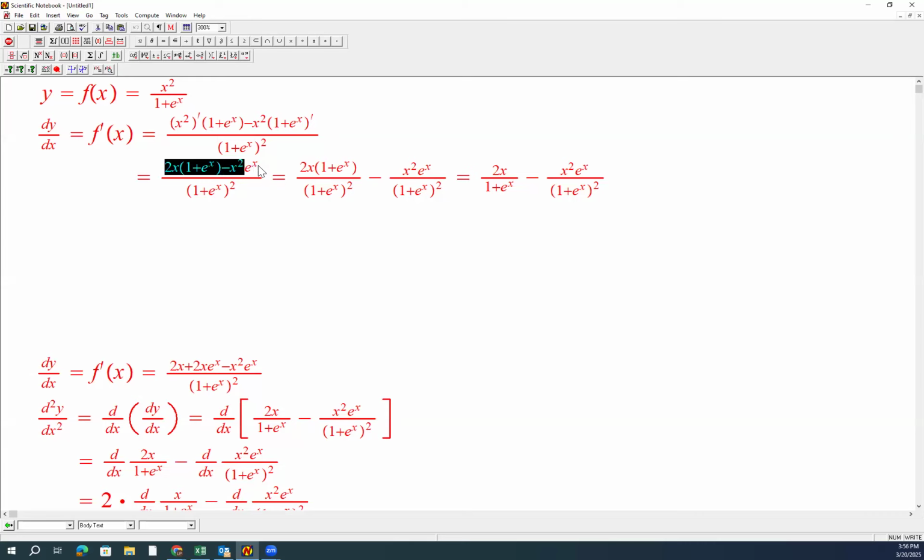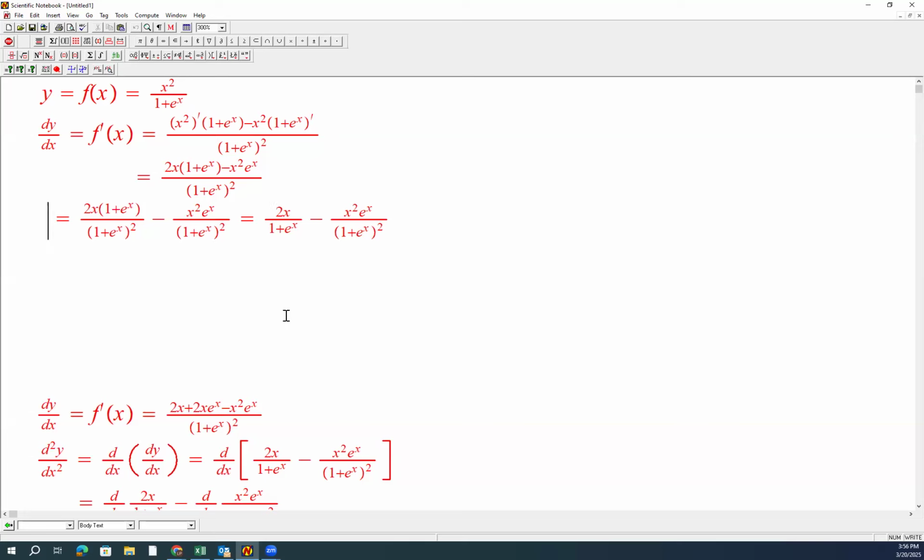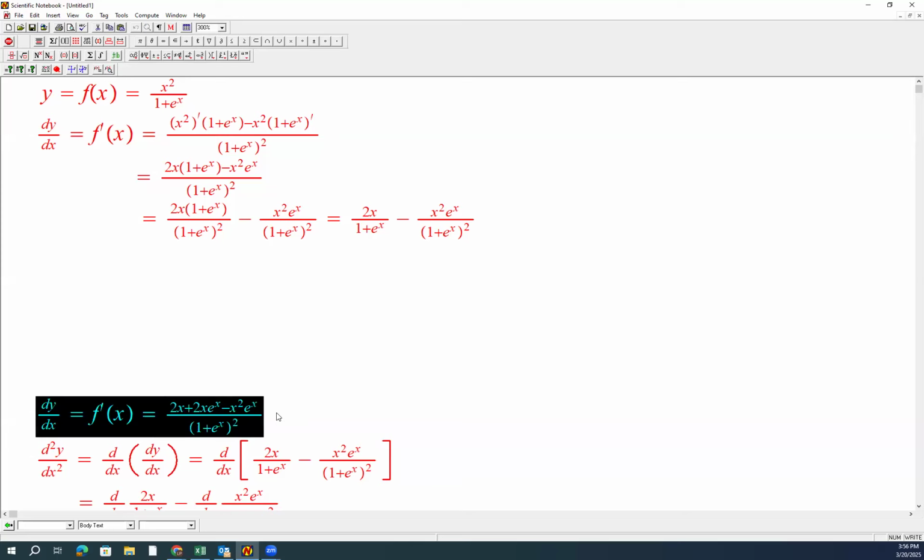We got these. We did one approach in class, where we differentiate this entire numerator. But on the other hand, I thought of another way to differentiate, which I separate. So now we already got the answer. The answer to the first order derivative is right here.